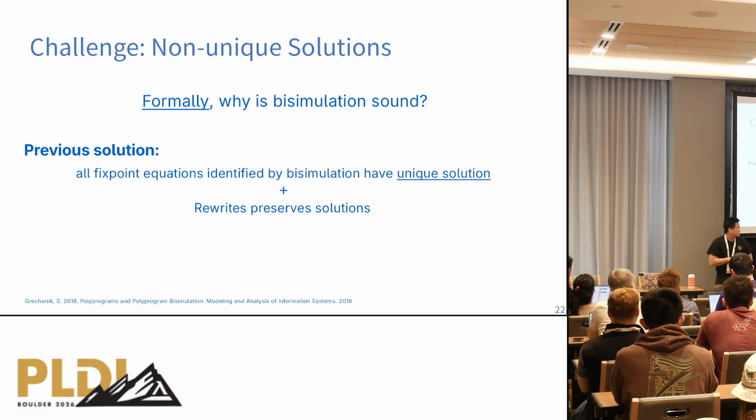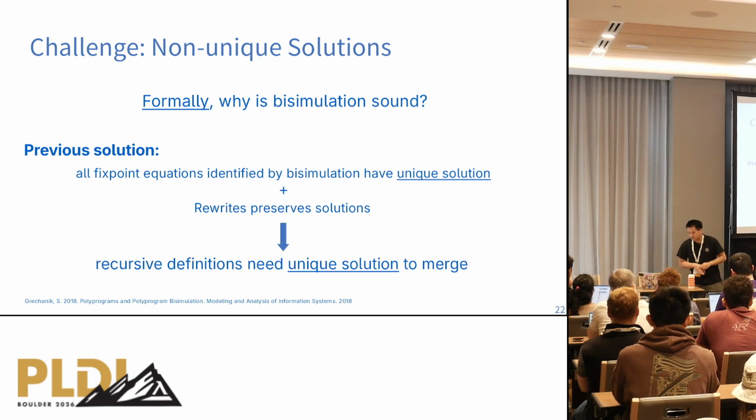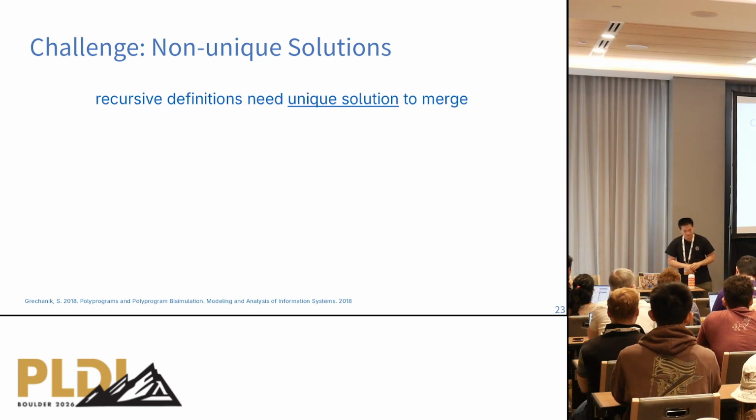We remember that rewrites need to preserve the solutions. Finally, it basically says all the recursive definitions, if you want to merge them, have to have unique solutions. And when do things have unique solutions?